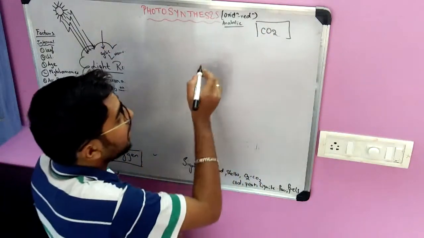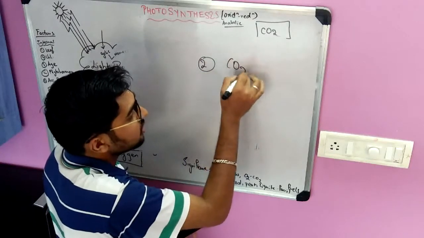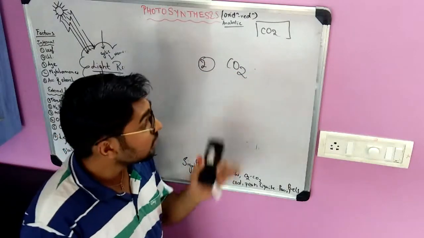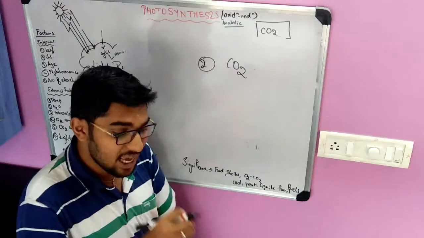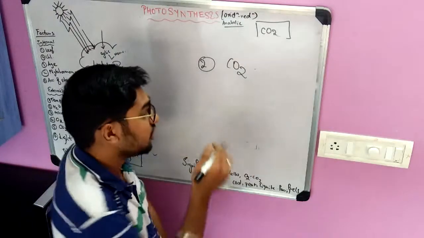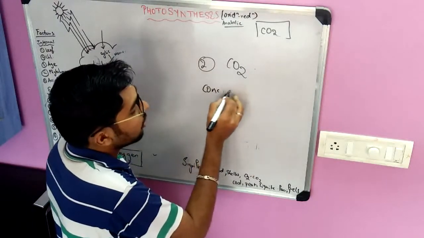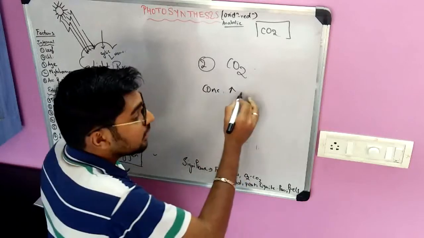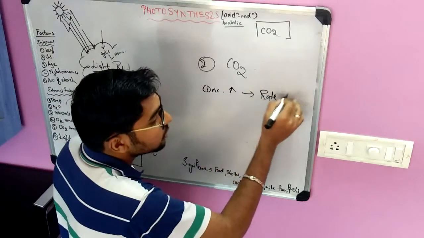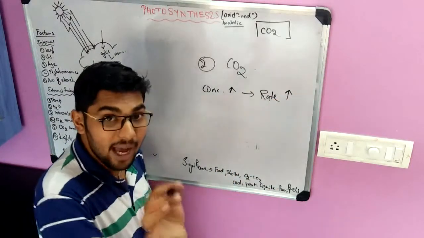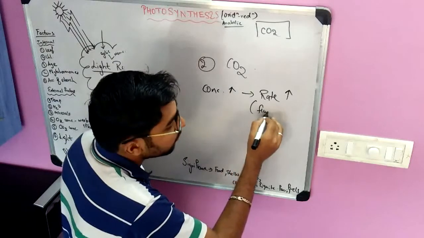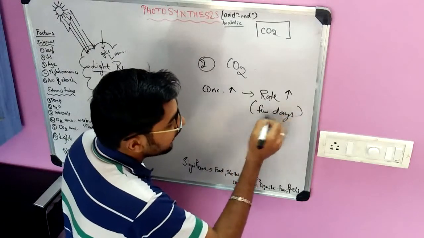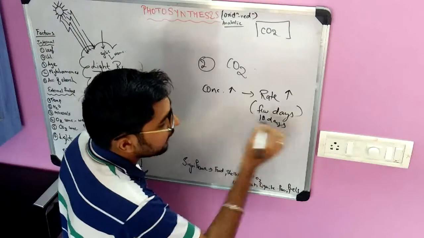Next is carbon dioxide. The second factor is the concentration of carbon dioxide. There was an experiment conducted. As the carbon dioxide concentration increases, the rate of photosynthesis also increases. But this happens only for a few days. In that experiment, it was happening for 10 days.